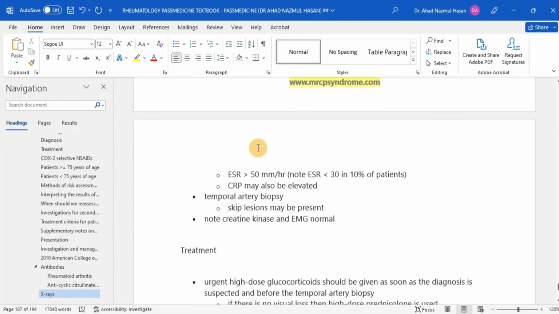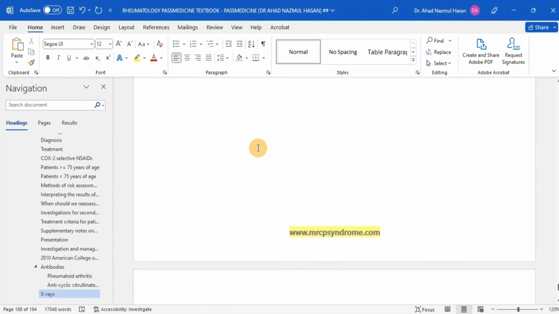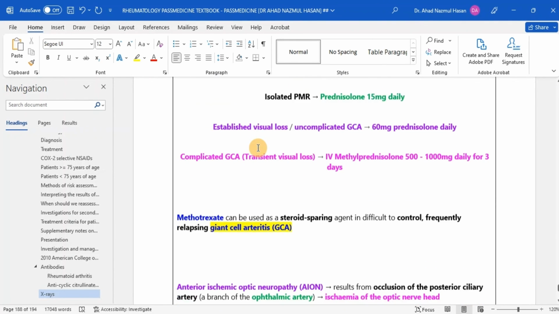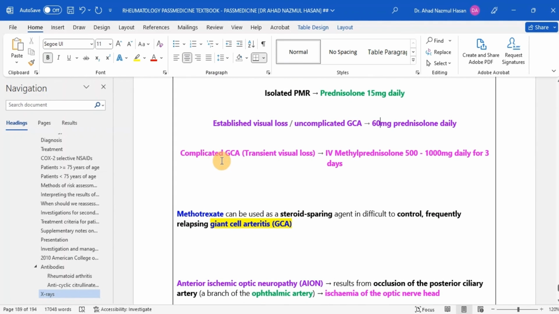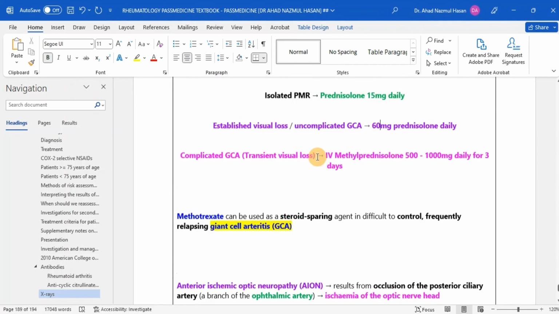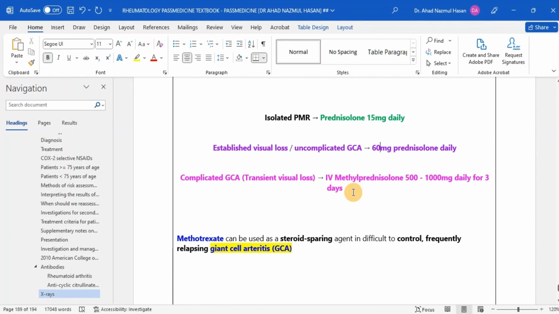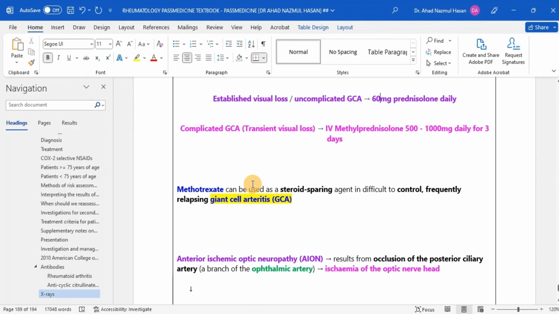If it is with visual loss, then it is 500 to 1000 mg, 1 gram IV methylprednisolone. In an uncomplicated case, or if the visual loss is already established, go for 60 milligram prednisolone. If it is complicated with a history of transient visual loss, then go for IV methylprednisolone. And if there is no response to the steroid, then go for MTX, methotrexate.